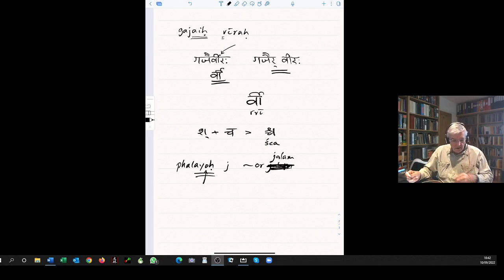So in exercise 3, to which we now proceed, we have: translate the following sentences into English. Take out the sandhi for vowels and the final visarga, and then translate.